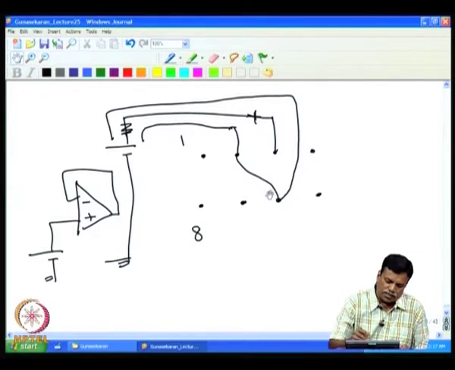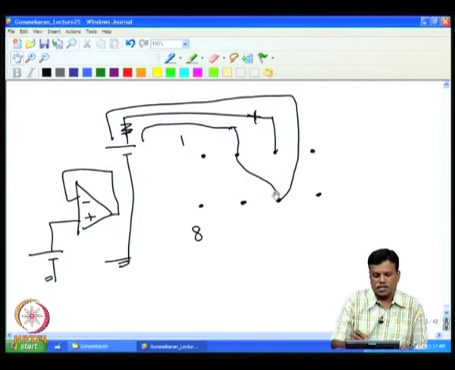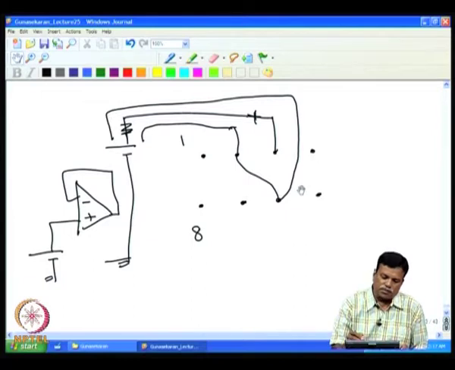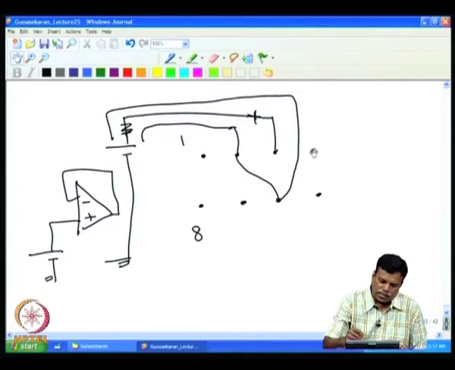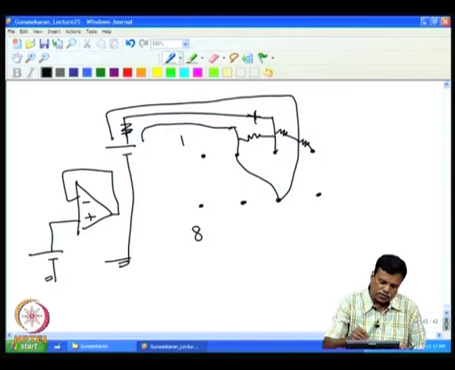This and this are not connected anywhere, it is just extended like this. Now, the leakage is between this and this, and we have leakage resistance between this and this, and between this and this. So, I call this R1, this is R2 and this is R3.